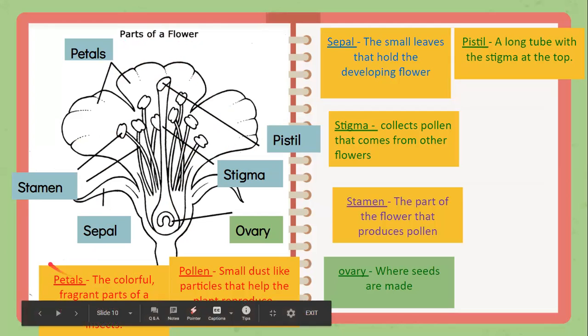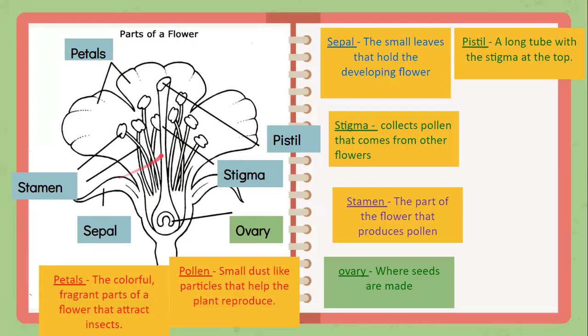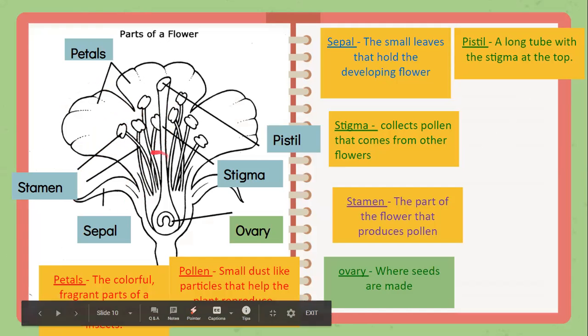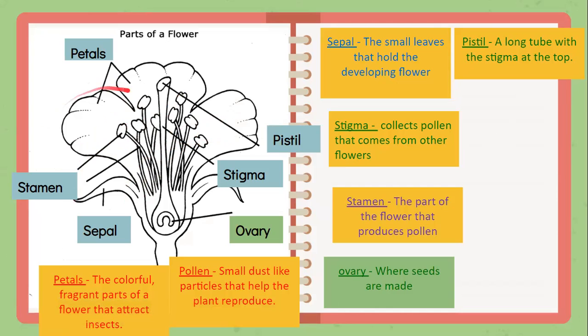Petals are the fragrant part of a flower that attracts insects. So why does it need to attract insects? Because the bees or any kind of butterfly need to get pollen, and they take the pollen so that more pollen can be reproduced.